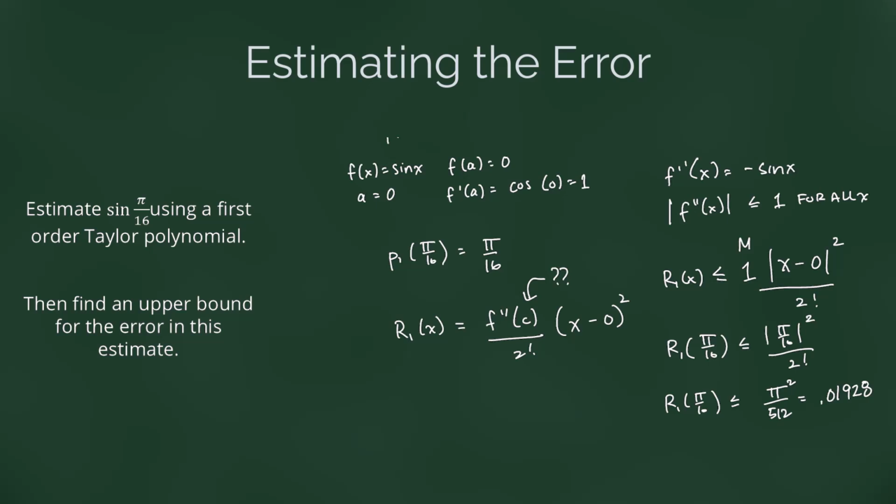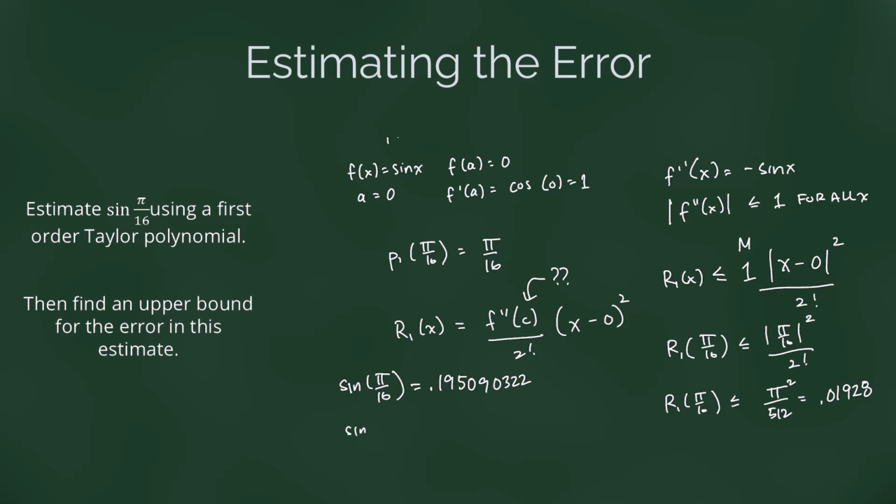Let's look at what a calculator tells us the sine of pi over 16 is. The sine of pi over 16 is going to be equal to 0.195090322. Our estimate for the sine of pi over 16 was pi over 16.